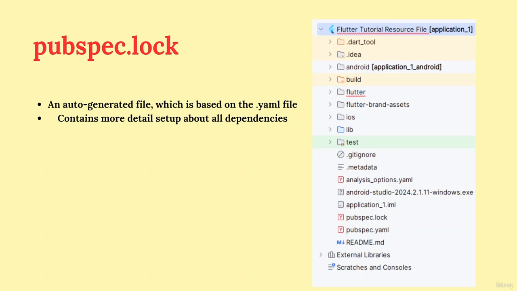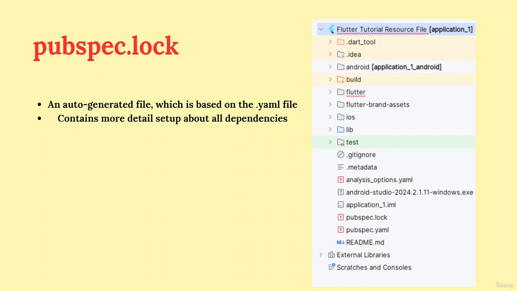This pubspec.lock file is based on the YAML file present over there, and it contains a more detailed setup of all the dependencies that are present.